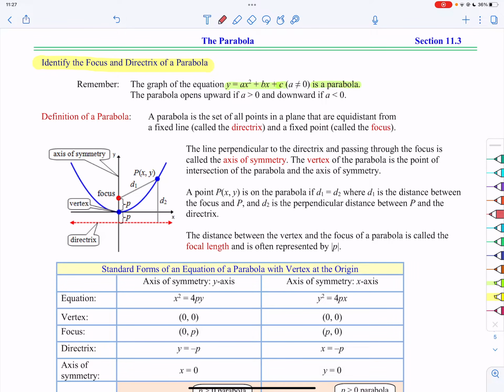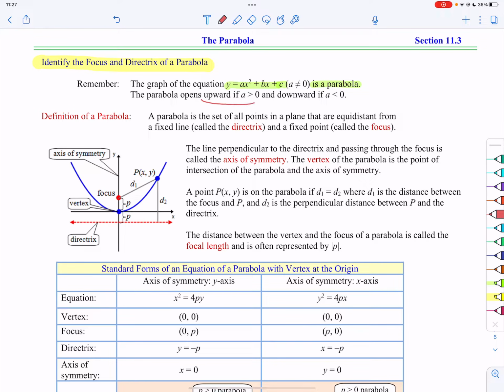Now, just as a reminder, our parabola opens upward if a is positive and downward if that leading coefficient a is negative. A parabola is the set of all points in a plane that are equidistant from a fixed line called the directrix and a fixed point called the focus.